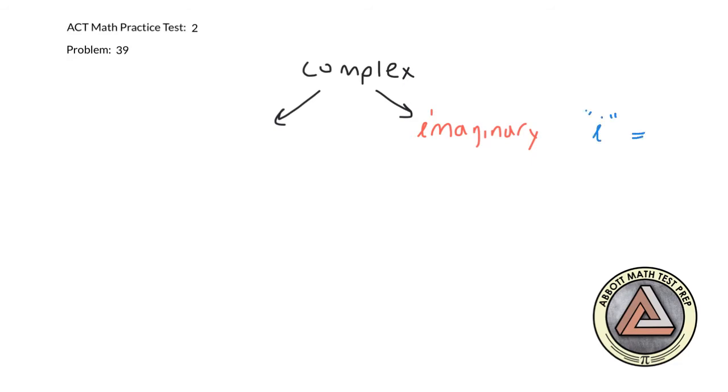And that equals the square root of -1, okay? And that's something that, elsewhere on the ACT, other problems feature, a sort of loose understanding of what that means. But the other kind of complex number, if it's not imaginary, then you are most definitely dealing with a real number.